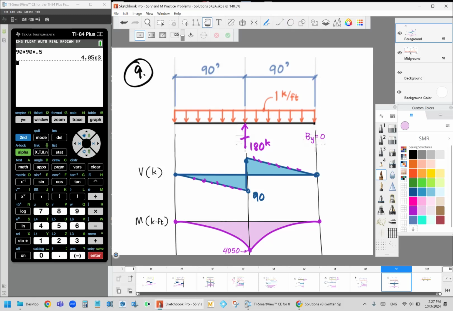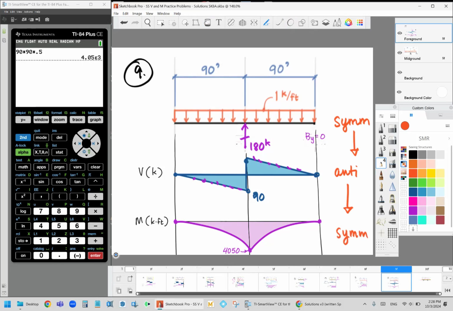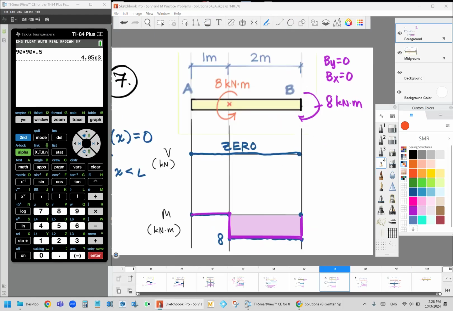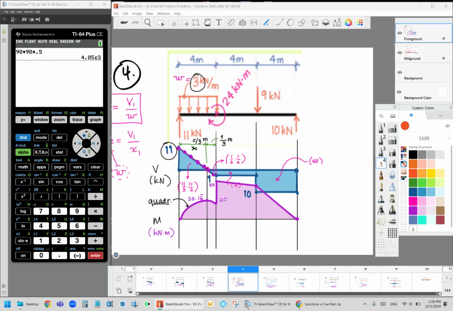Now remember that we talked about this earlier in the course, but haven't revisited it in a while. And we're seeing something interesting pop up here. We've got a symmetric loading function that integrates to an anti-symmetric shear function that integrates back to a symmetric moment diagram. So that's a pretty cool pattern. We haven't done too many symmetric ones.